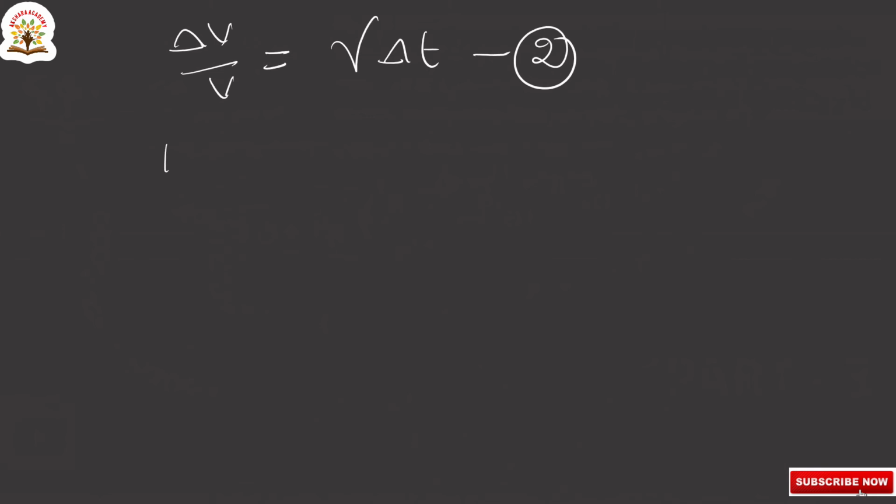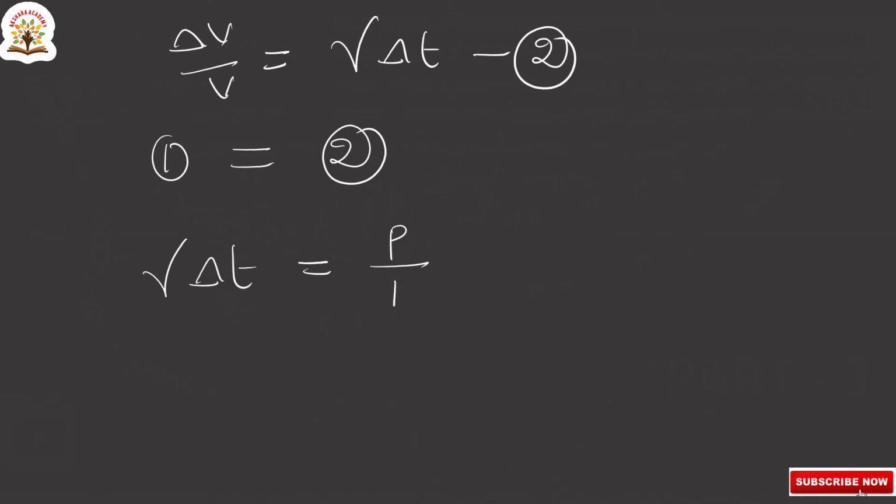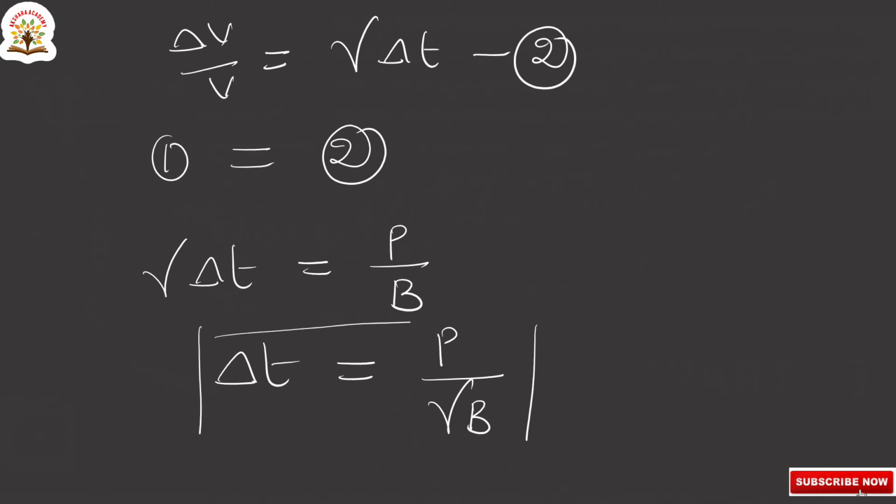Now equating the two equations, 1 is equal to 2, gamma delta T is equal to P by B. So therefore delta T is equal to P by gamma B. This is the change in temperature. Okay, therefore delta T is equal to P by gamma B.